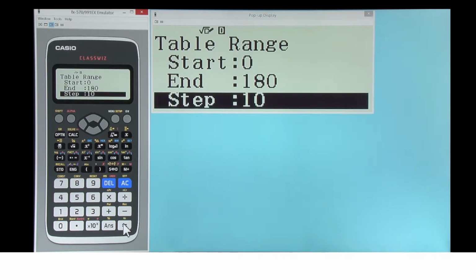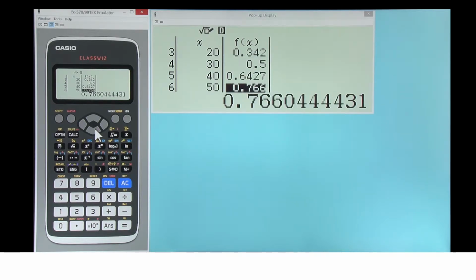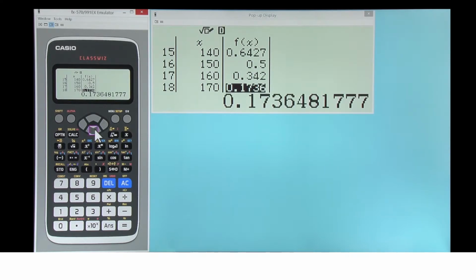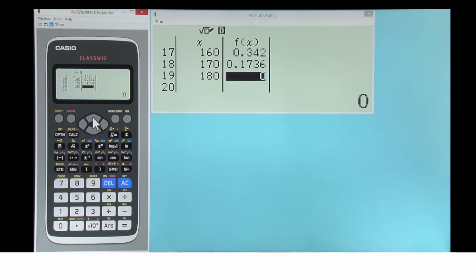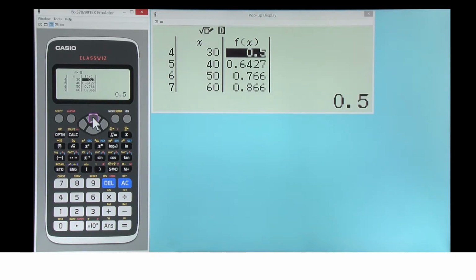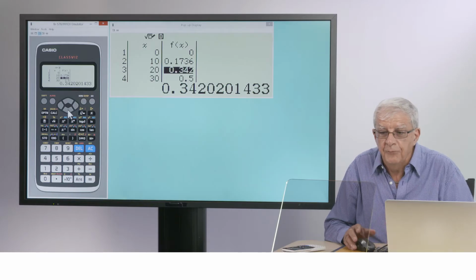And when we draw the table, we can see that some of the values are the same. So when we go down here, we can see the values are repeated after 90 degrees. The values here, 0.17, 0.34, are the same values that we would see up here, 0.17, 0.34.